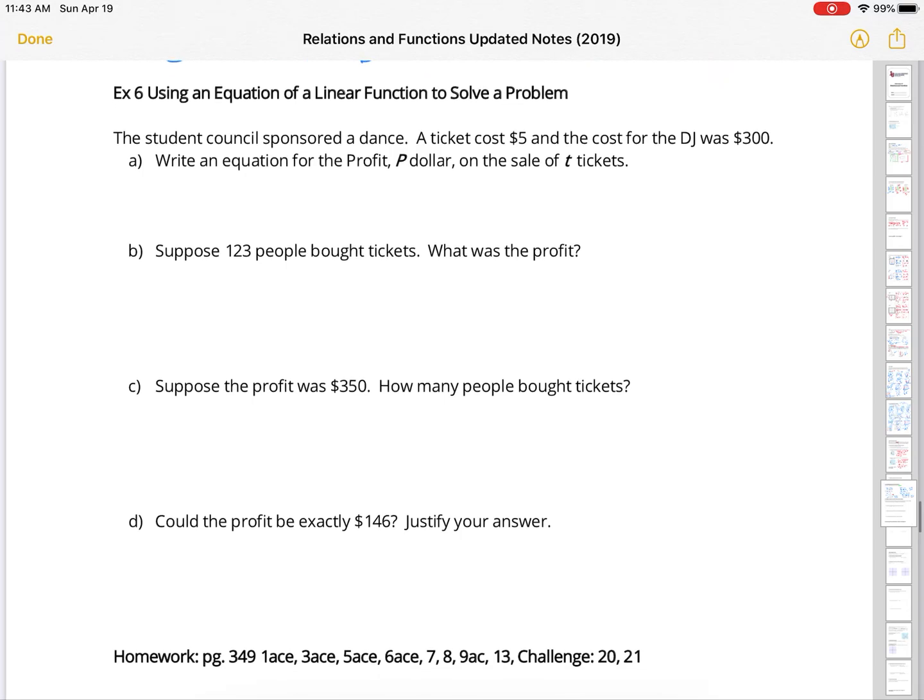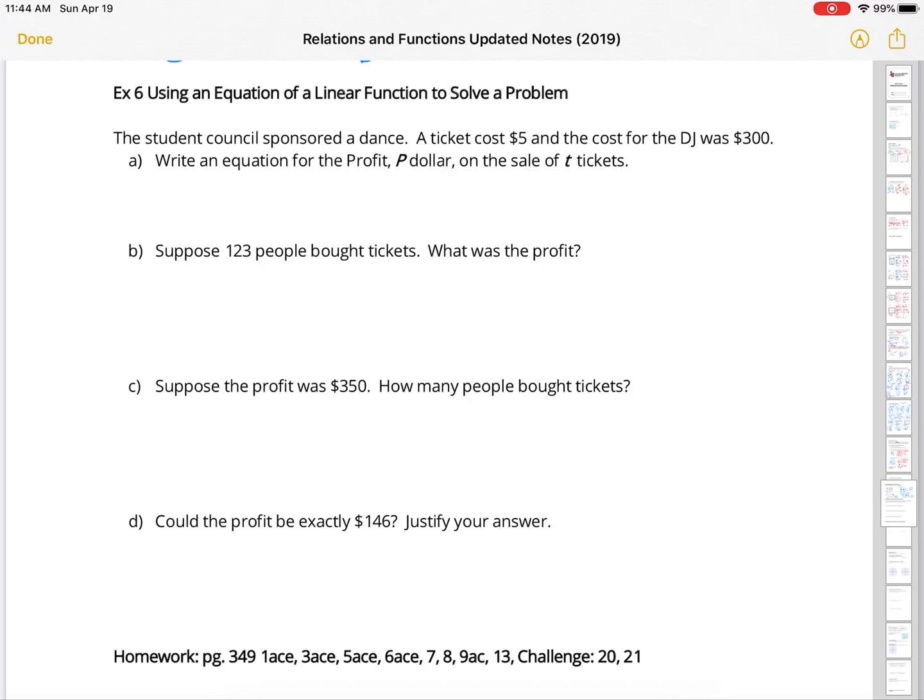Now, we can also use the equation of a linear function to solve a problem. So here's a problem that we're going to take a look at. A student council sponsored a dance. Ticket cost $5 and the cost for the DJ was $300. Write an equation for the profit P dollars on the sale of tickets.